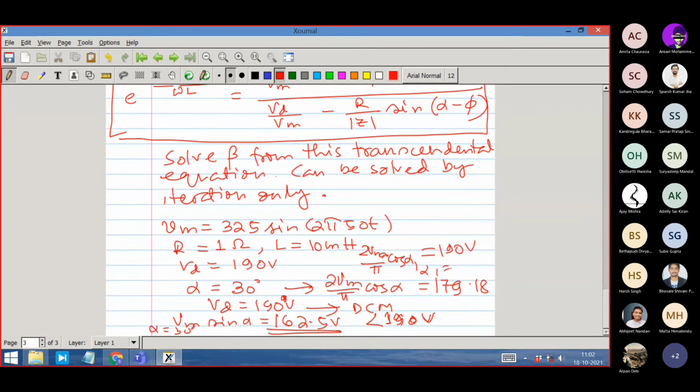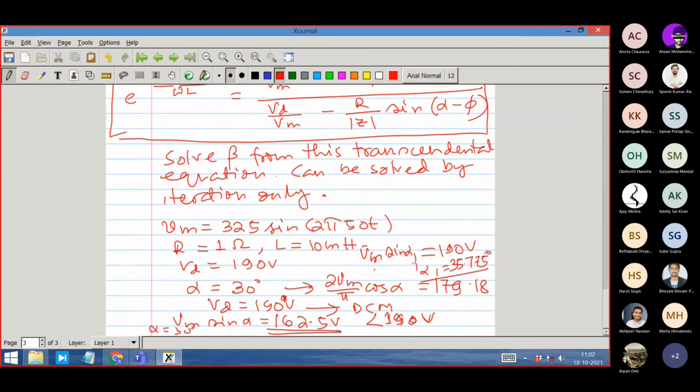That is not average. This is the instantaneous voltage. Vm sine of alpha 1 is equal to 190 volt. So alpha 1 is inverse sine of 190 divided by 325, which is 35.77 degrees.